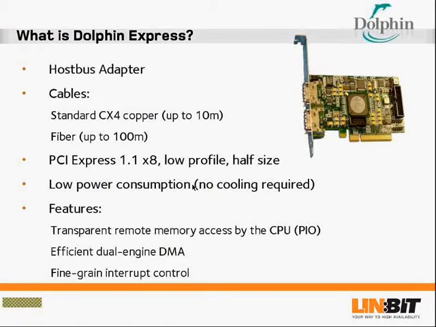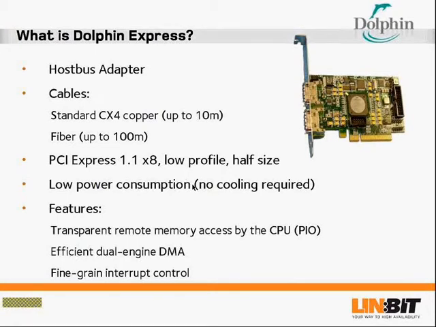And it has some features that set it apart from other network interfaces or interconnects, and which provide performance that we will see later on. So it has features like transparent remote memory access. So a CPU can just access memory located on another machine as if it was local.